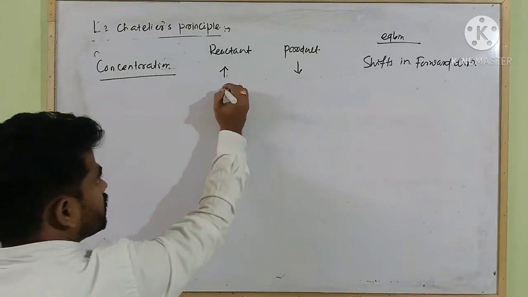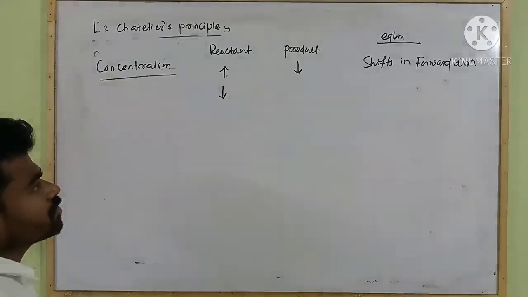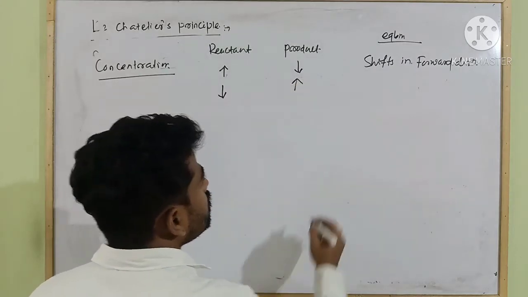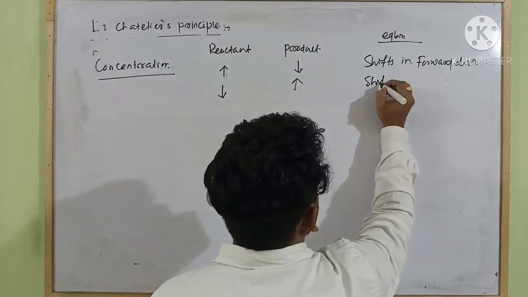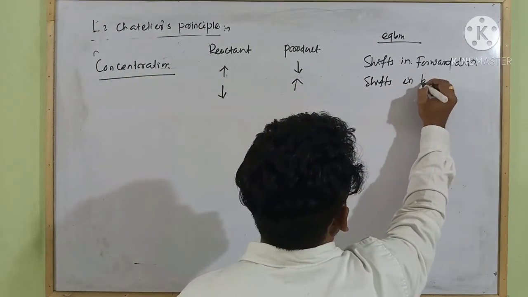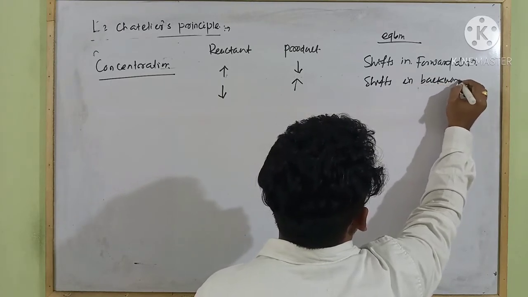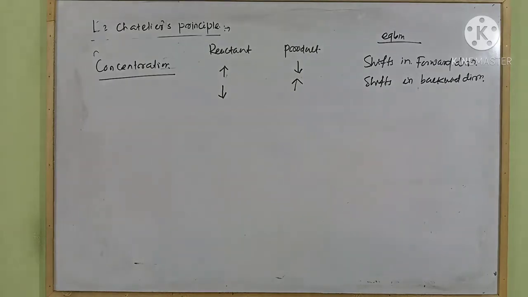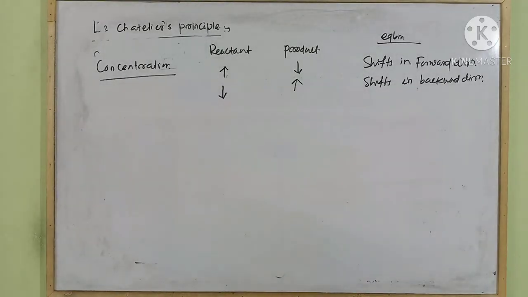If you decrease the concentration of reactant or increase the concentration of product, that shifts the equilibrium in the backward direction. So this is the effect of change in concentration.